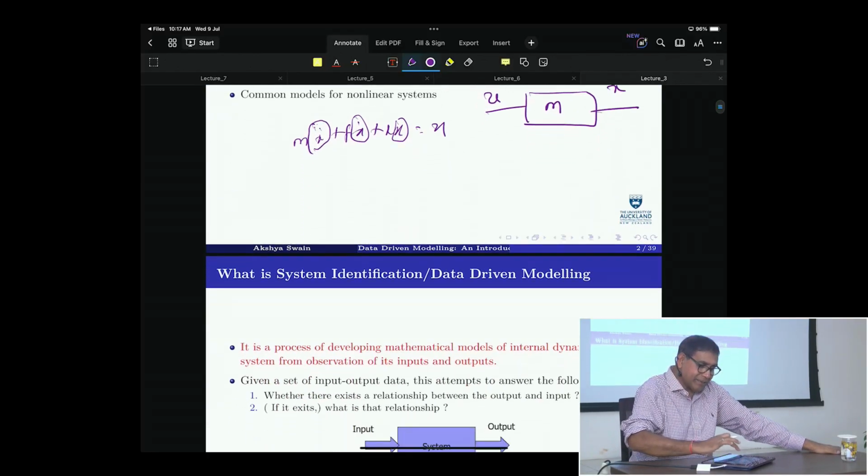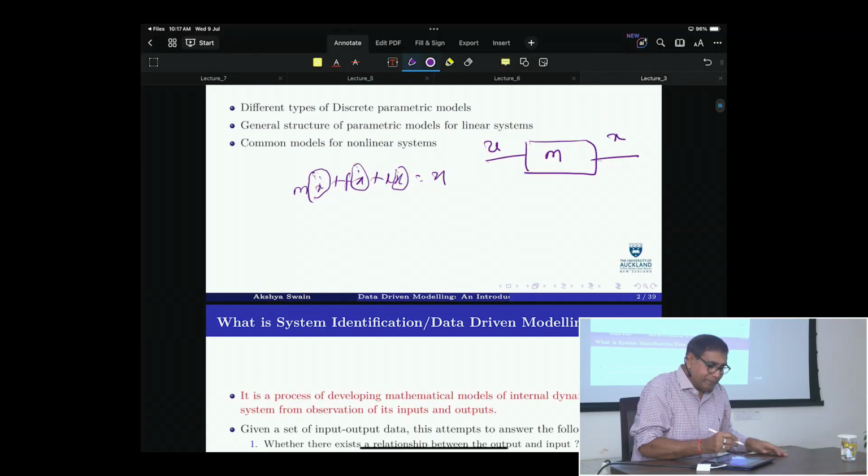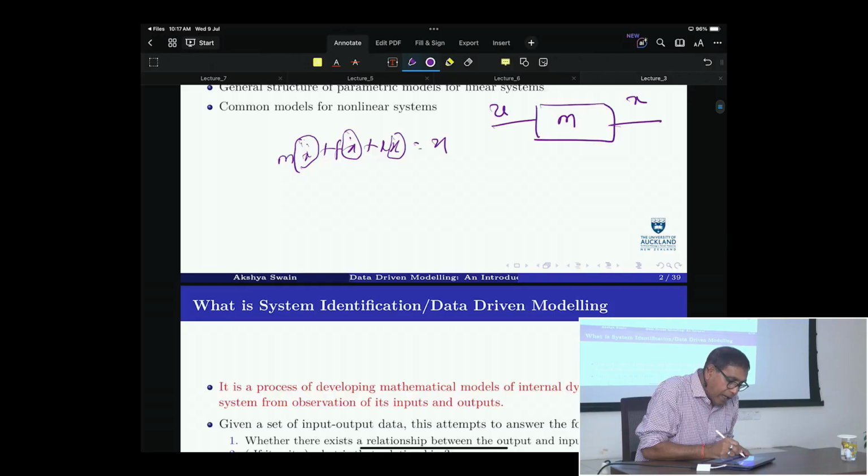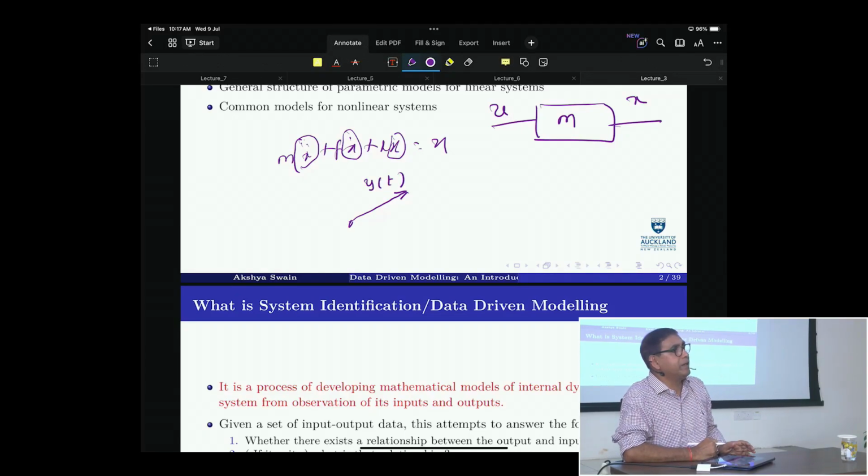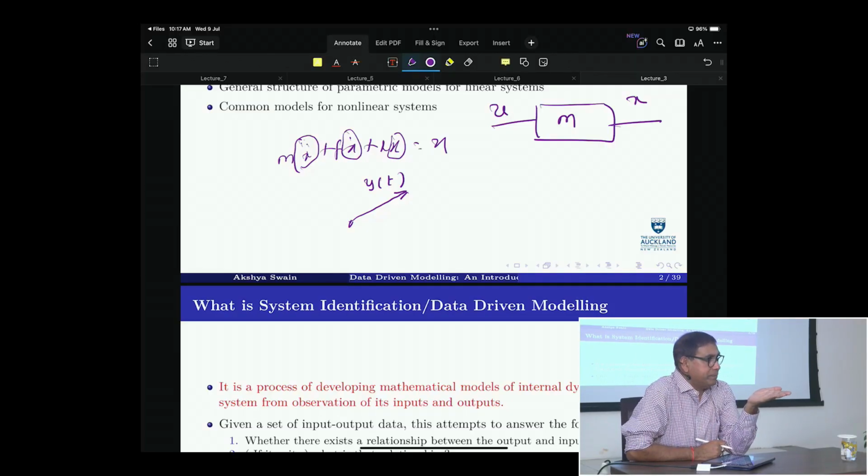Another thing, because yesterday I did not tell you, think in this way. I have got a vector like this. Let us assume this is the vector y of t. Now you approximate it. This is what we are doing in identification.